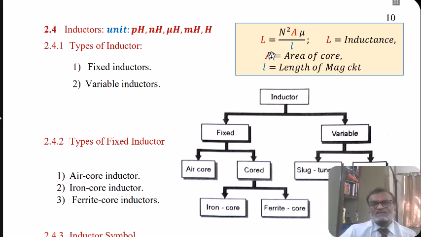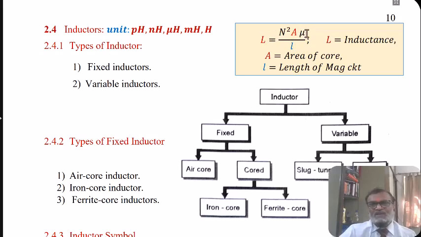The inductance is given by the formula L = N squared A mu upon l, where L is the inductance. N is the number of turns used for making that inductor. A is the area of cross section of the core on which the inductor wire is wound.